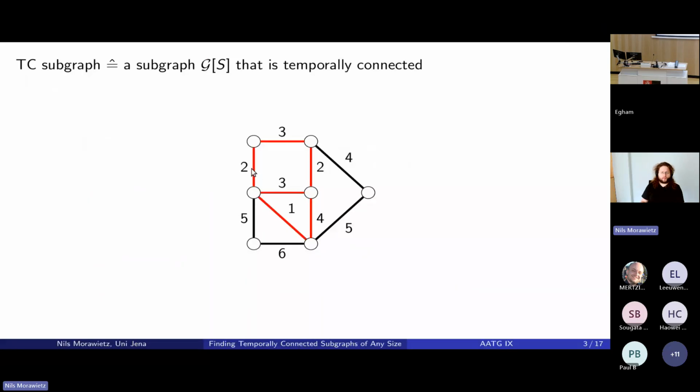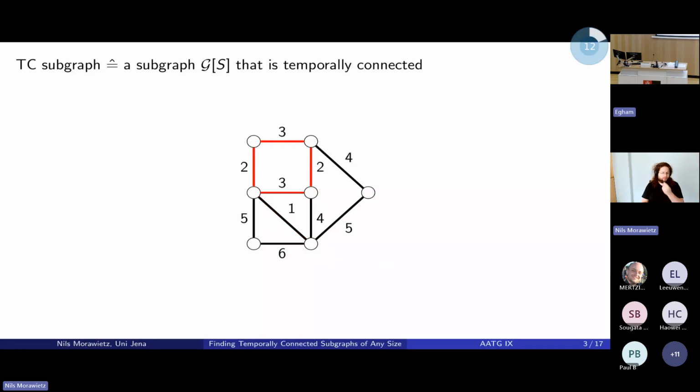And we see, okay, we have this cycle of length 4 that is temporally connected, each one can reach each other, and then we have an additional vertex that can also reach the rest. And this property is unfortunately not hereditary, so if I have a temporally connected subgraph, it doesn't mean that I can remove any vertex to still preserve its temporal connectivity.